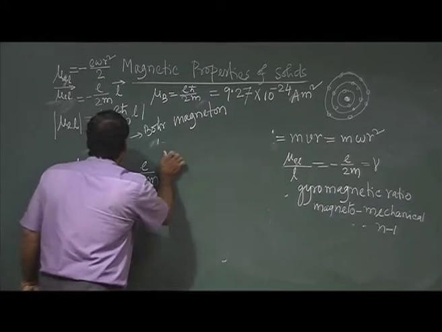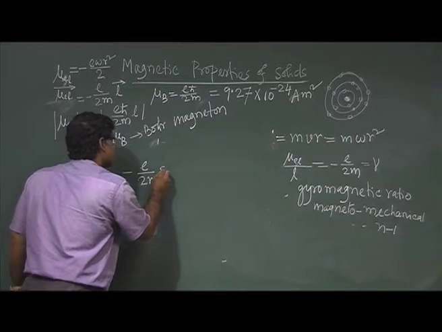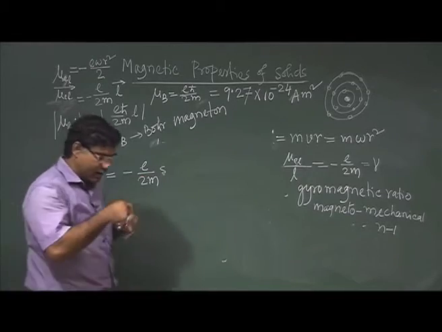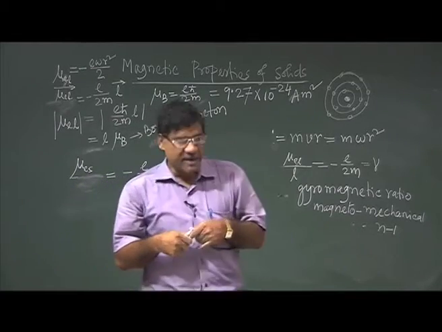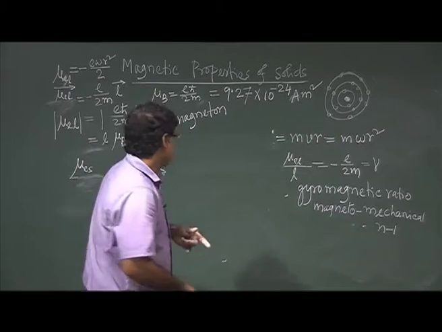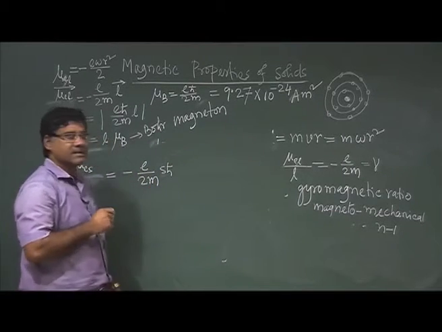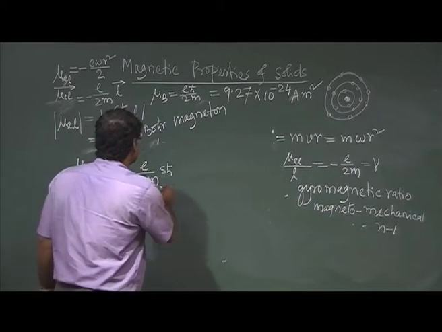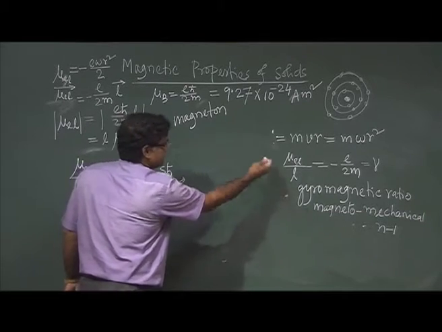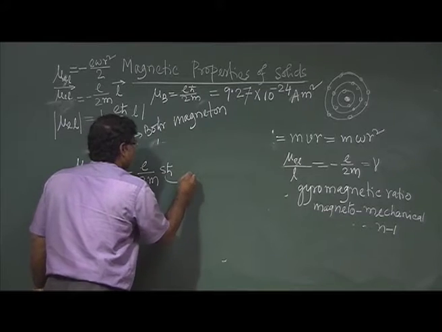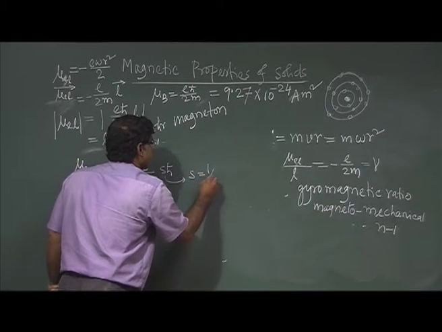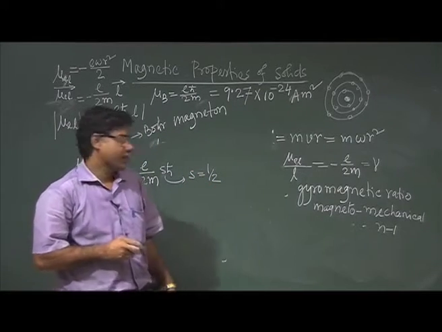Let me write small s. So, this is the spin angular momentum. It has magnitude s h cross, and s can take only the value half for an electron.